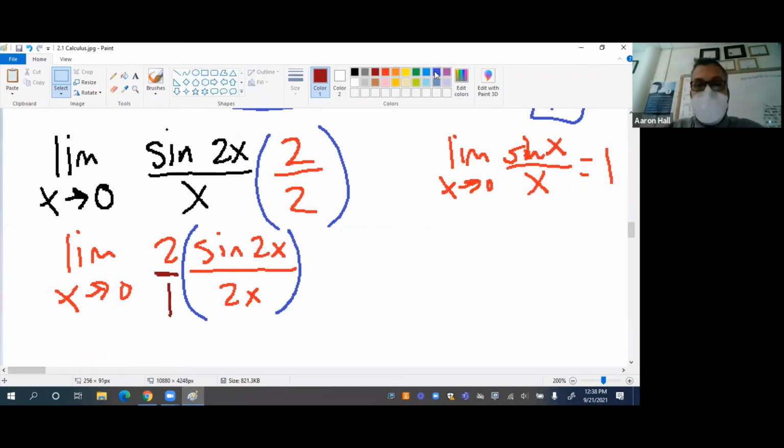Cool. All right. So what can we do from here? Well, now we're about to talk about the properties of limits, and this is really important to understand.